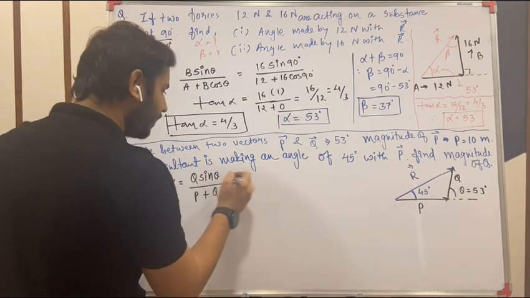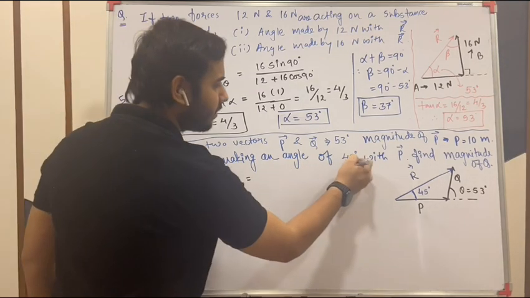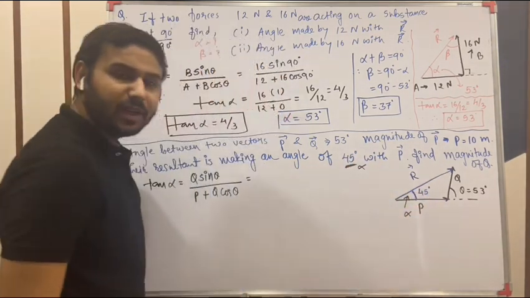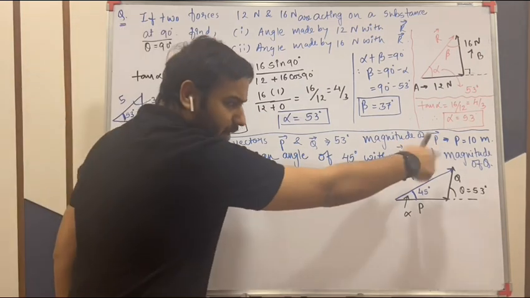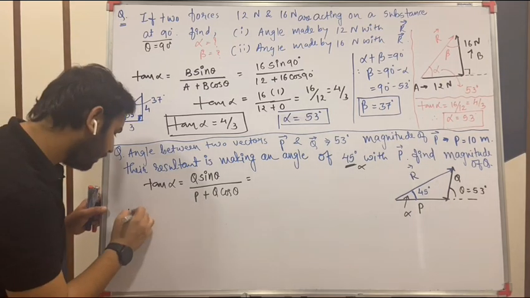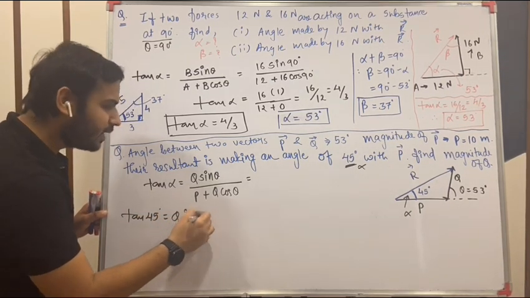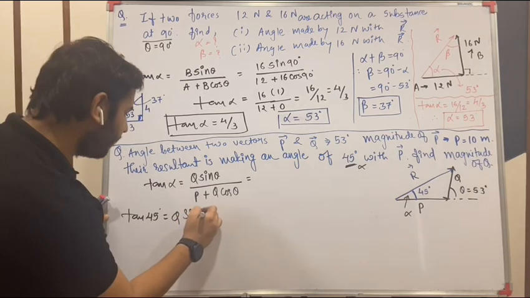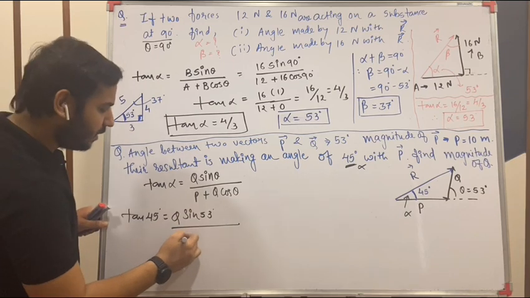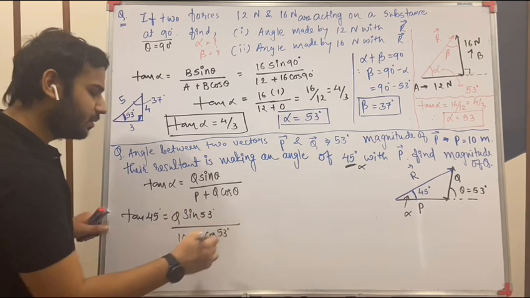What is the value of theta? Theta is 53. The value of Q I don't know, but alpha is given. Alpha is 45. See, this must be alpha. Alpha is the angle made by the resultant vector with P. So I can write tan 45 is equal to Q sin 53 upon P, which is 10, plus Q cos 53.